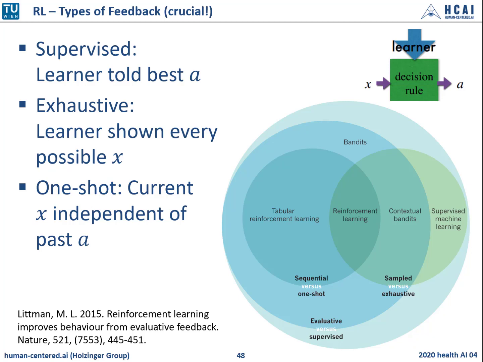And there are three kinds of feedback: sequential versus one-shot, sampled versus exhaustive, and evaluative versus supervised. In machine learning, examples of learning problems, for example bandits, as you can see beautifully in this nice table: reinforcement learning, contextual bandits, supervised machine learning, they result from their combination, which is seen here.